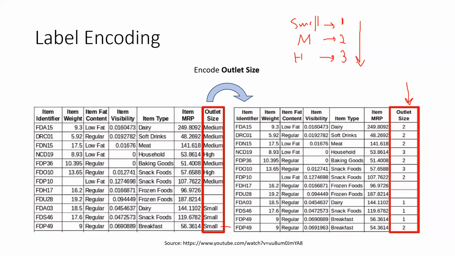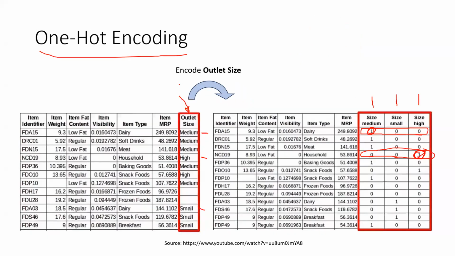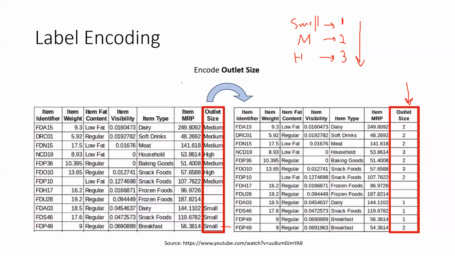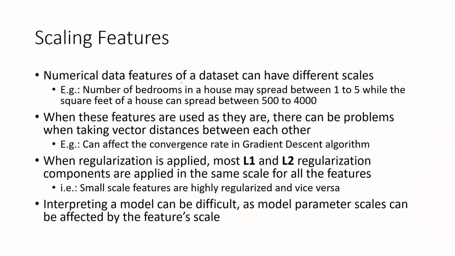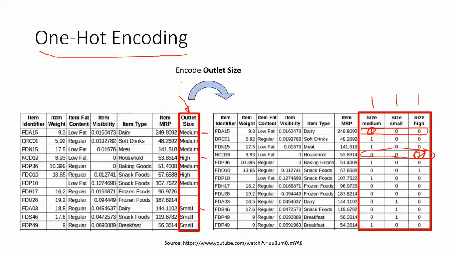Because of that, there may be some issues when you are doing machine learning. But for an ordinal variable, you can use either one hot encoding or label encoding, right? Okay, so that is about feature encoding.